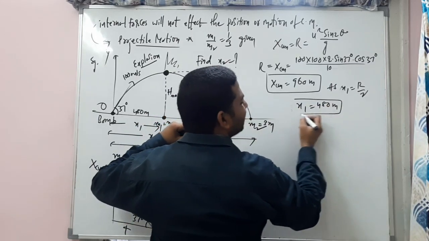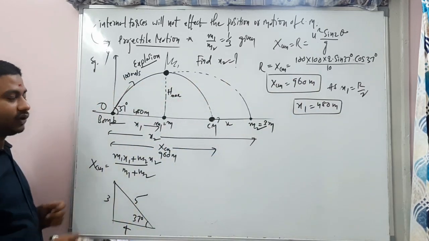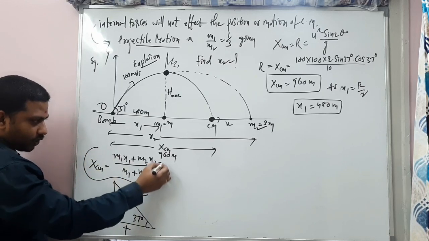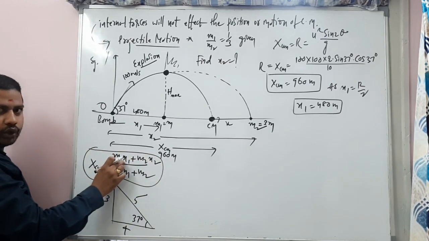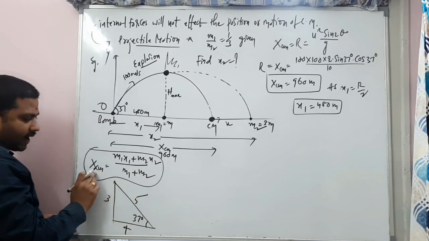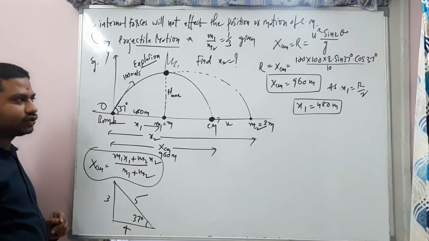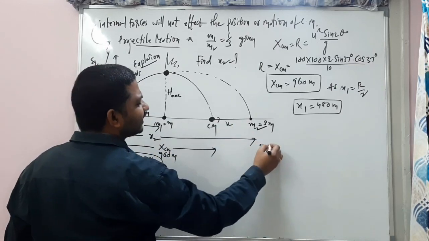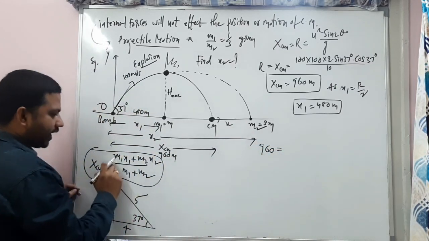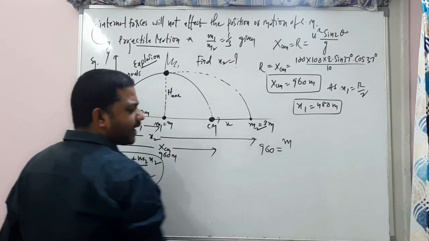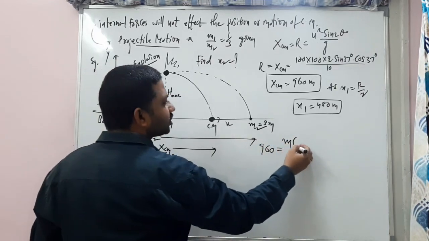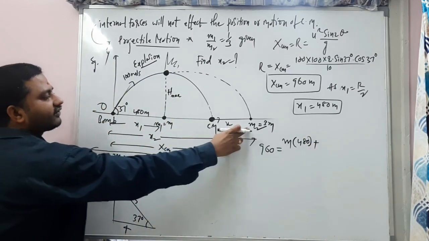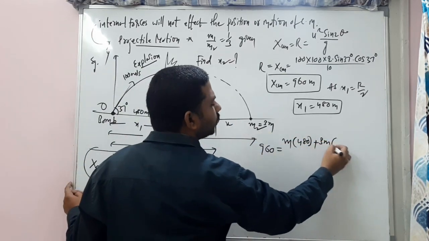So x1 you know, xcm you know. So let's come back to this formula. x1 you know, mass values also you know, and xcm also you know. You can find x2, right? How? xcm is equal to 960, which is equal to m1, we considered as m, into x1, 480 we have got, plus m2, m2 we have taken as 3m, into x2.